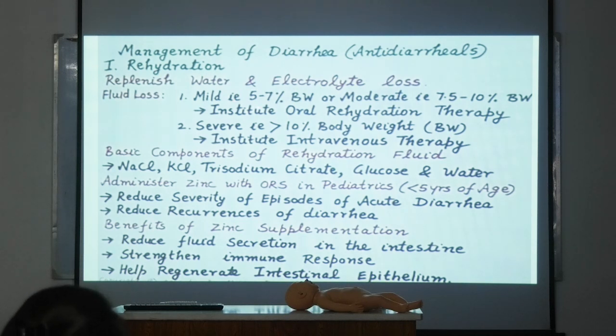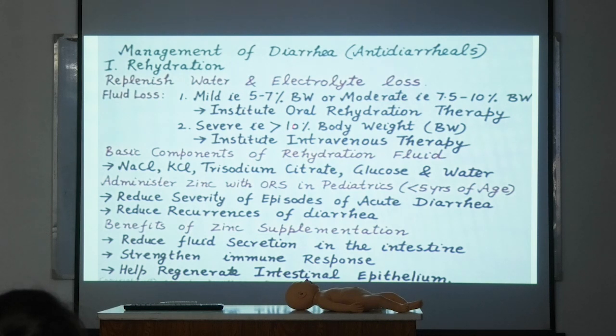Now diarrhea, management of diarrhea, so we have said first rehydration is important. Rehydration is done mainly by ORS when there is 5 to 7% of body weight water loss, or 7.5 to 10% of body weight water loss, this is mild and moderate water loss.